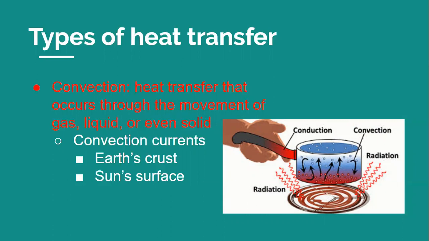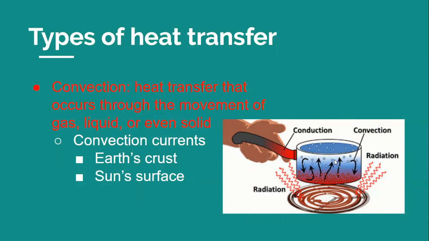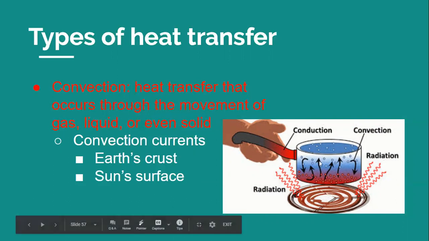Convection currents in the air cause wind and changes in weather. So remember, we've talked about convection currents before, not necessarily in water, but in Earth's crust and the sun's surface, which you will learn in 8th grade. In the Earth's crust, we talked about convection currents a lot. Remember density. The bottom part is going to get hotter faster because it's right on top of the stove.